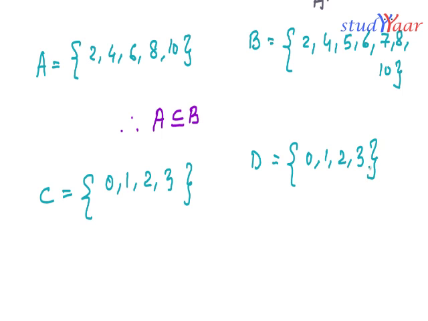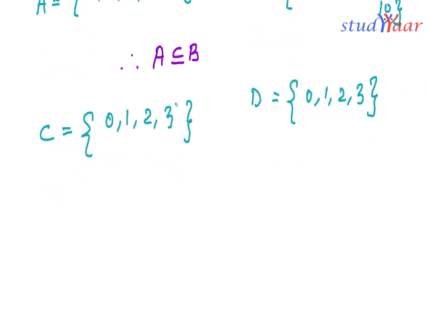Then also you are going to say that C is a subset of D, because 0 is contained in D, 1 is contained in D, 2 is contained in D, and 3 is also contained in D. So I can say over here that C is a subset of D, and I can also say that D is a subset of C, because 0 is contained in C, 1 is contained in C, 2 is contained in C, and 3 is also contained in C. Therefore even this statement is true.